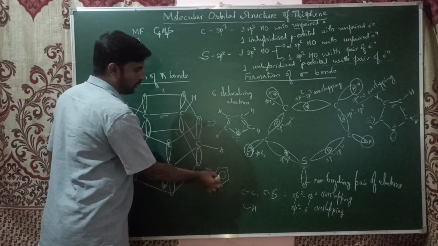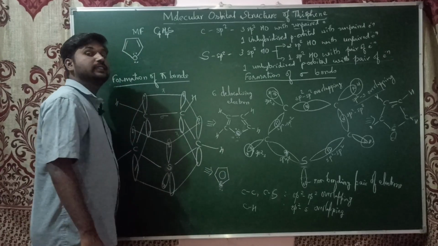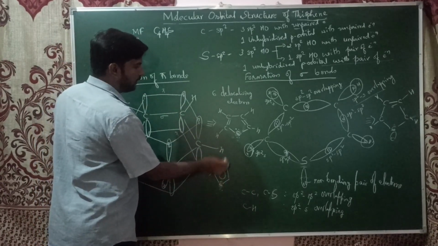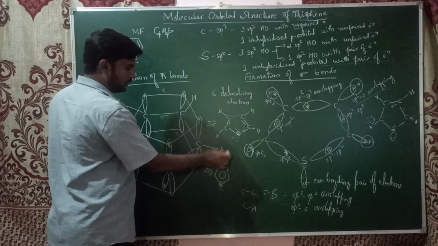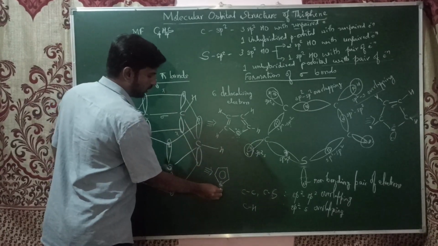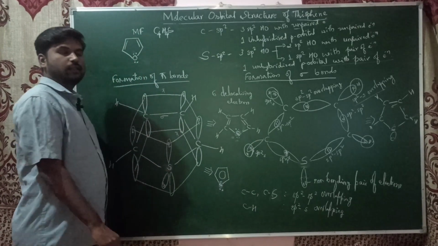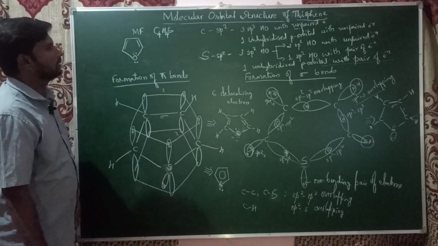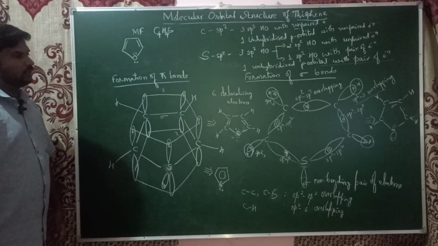As I have shown, the pi cloud involves 6 pi electrons. That's why these electrons are involved in the ring. Here I am mentioning only the non-bonding pair of electrons. This is about the molecular orbital structure of thiophene.